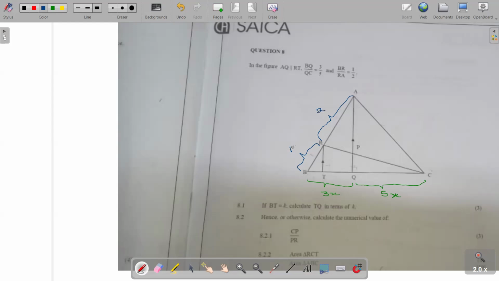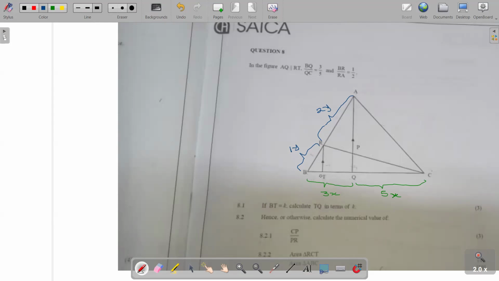So we can put another variable different from the first one. We have that. Then the first part is saying if BT is equal to K, calculate TQ in terms of K.